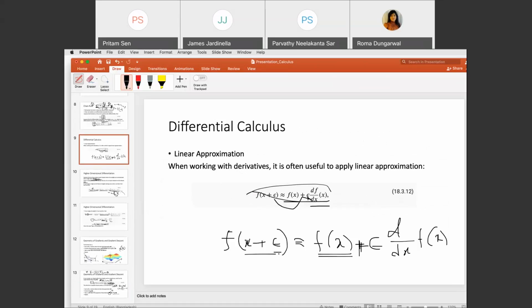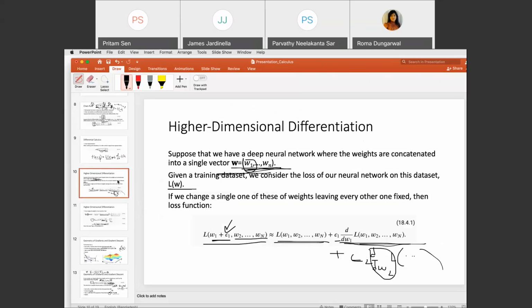This is for a small value of the change. And we can use this concept for higher dimensional differentiation. For example, for the weights, there are multiple parameters and we want to change one parameter only. In that case, the change in the loss function is approximated as the differentiation of the loss function multiplied by the change.